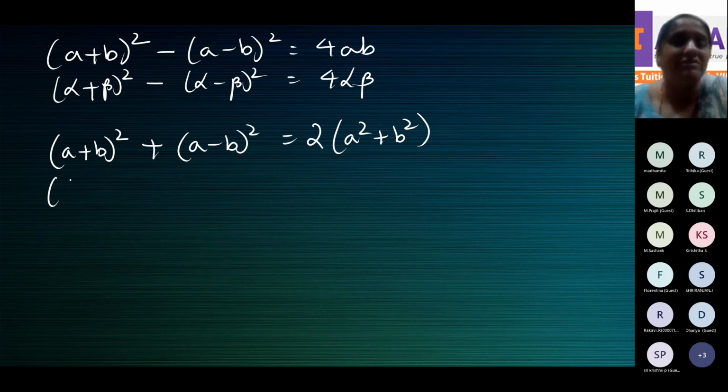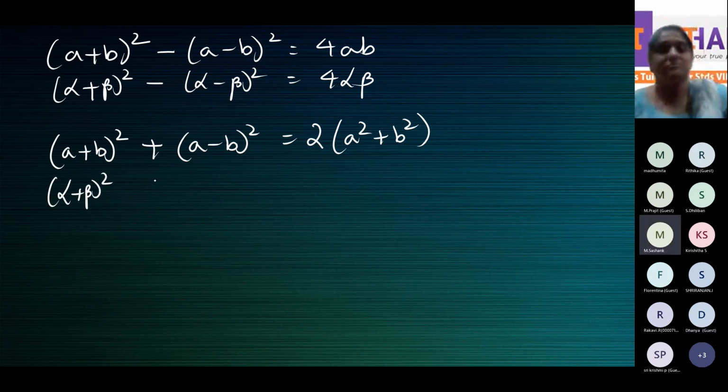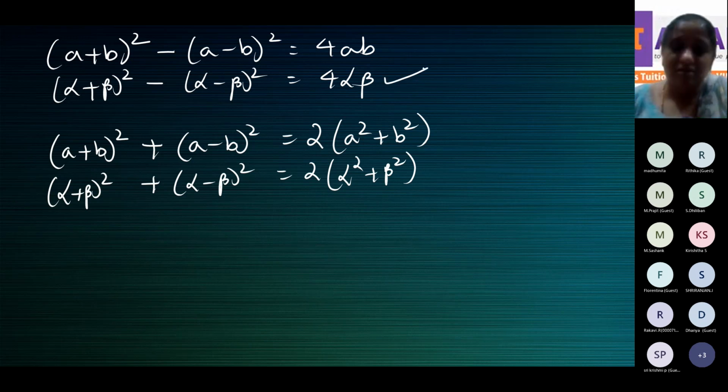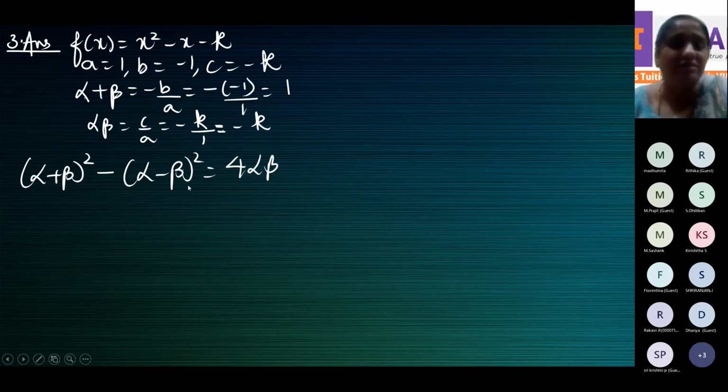So in terms of alpha beta, (alpha plus beta) the whole square plus (alpha minus beta) the whole square is equal to 2 into (alpha square plus beta square). Yeah, very good. Now I'm going to use this identity. I'll tell you why.